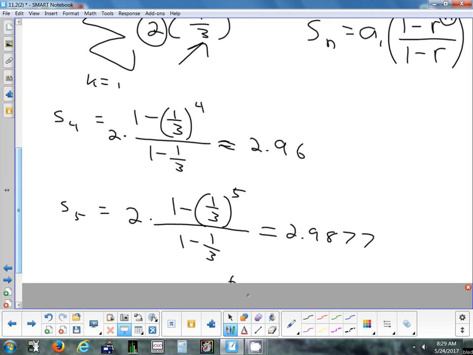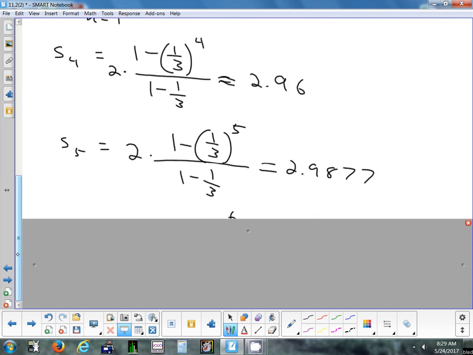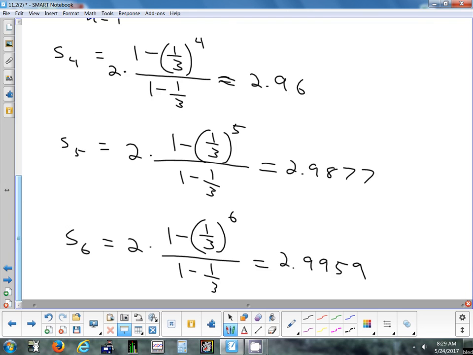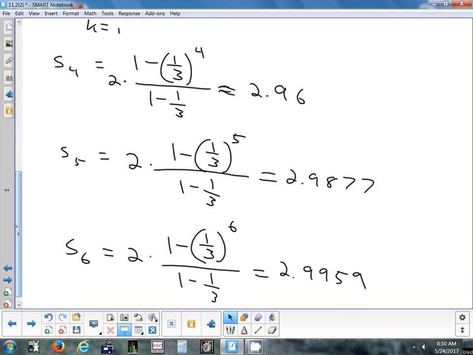It's about 2.9877. And then if you add up the first 6 terms, just changing the exponent to a 6, you get 2.9959. I didn't do these calculations out. The way I did it is I typed in the formula, and then I used the table on the graphing calculator. Let me show you how we can do that.